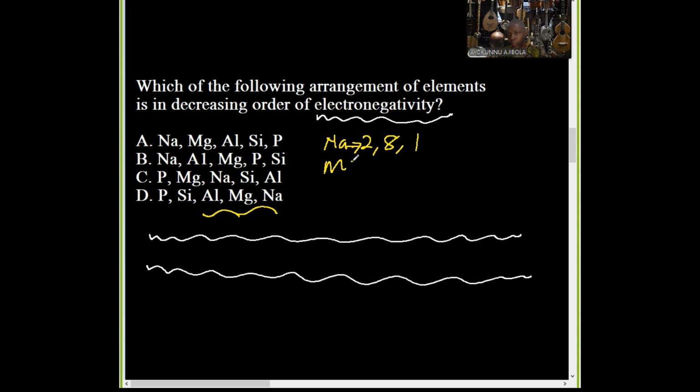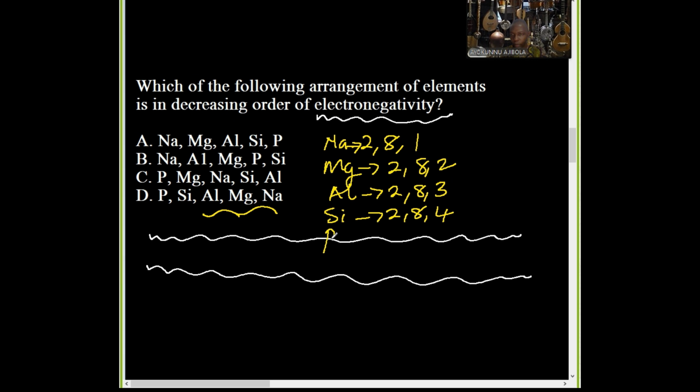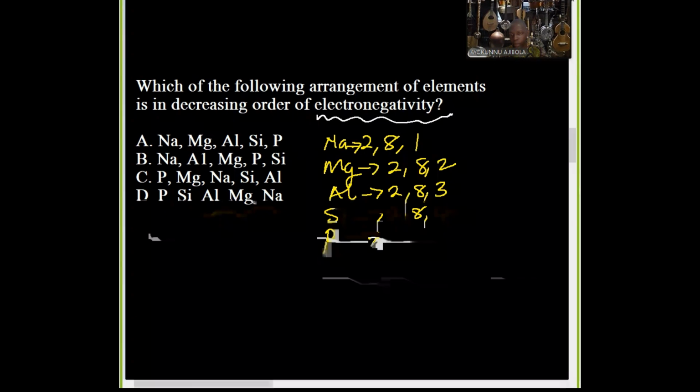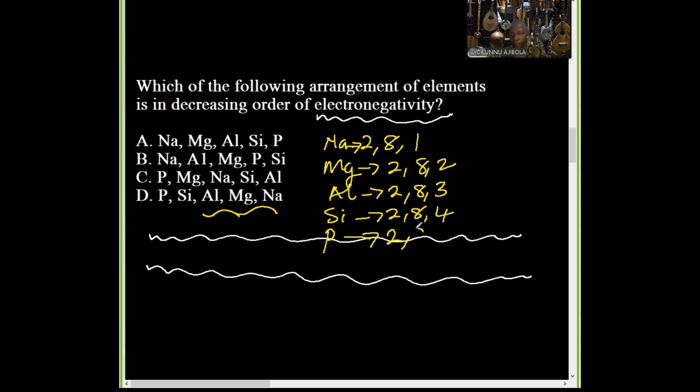In magnesium, 2,8,2. In aluminium, 2,8,3. In silicon, 2,8,4. Phosphorus is number 15. We have 2,8,5.